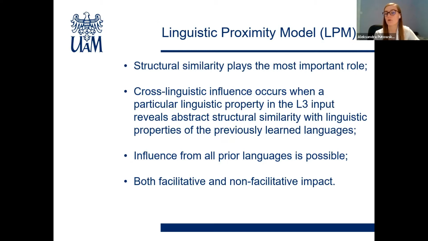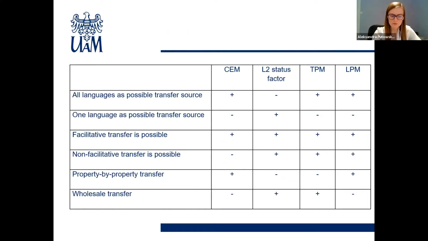Also, influence from all prior languages is possible, and both facilitative and non-facilitative impact is possible. For a better overview, let's look at the table with the summary of the models. We can see that there are differences between all the models concerning transfer source, facilitative or non-facilitative transfer, or property by property or wholesale transfer.